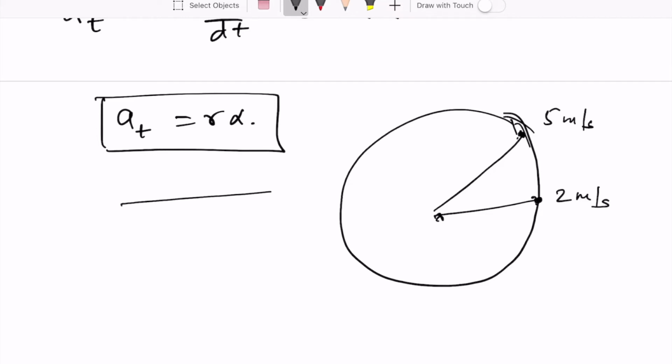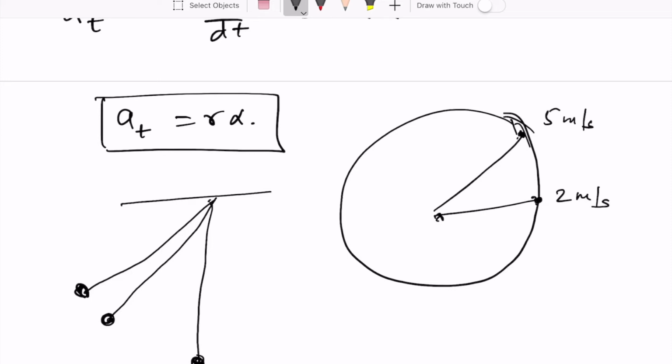Suppose you have a pendulum, a piece of thread, and you've attached a mass over here, and you swing it to one side and let it fall. When you release it from somewhere over here, it will start with 0 velocity, but by the time it gets over here to the bottom, it will be moving pretty fast. So it's speeding up as it goes on this circular path, right? So there must be some acceleration.